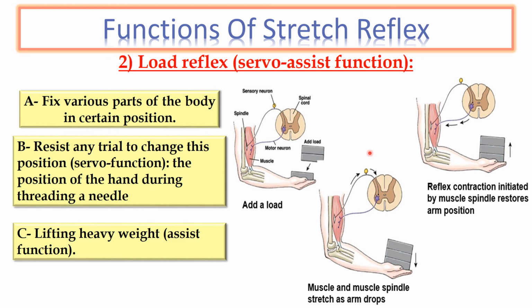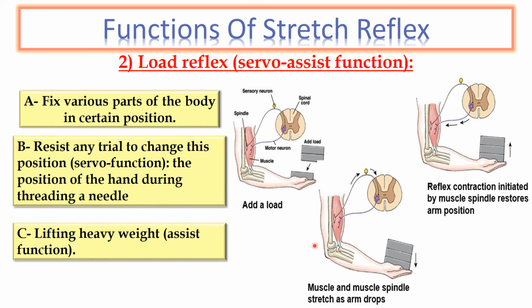So when you add more loads, it's expected that the arm drops, but at the same time the muscle is stretched more than its length, so the stretch reflex happens, leading to reflex contraction of the muscle and elevation. So they can fix various parts of the body in position and resist any attempt to change the position, which is the servo assist function, as in the position of the hand during threading a needle, and during lifting a heavy weight.